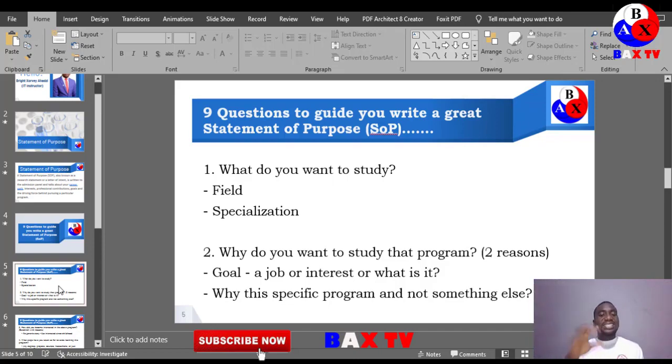Good. So this is the program that I want to study. So the question one is, what do you want to study? I already know what I want to study. That is MSc or Master of Science, cybersecurity and digital forensics.